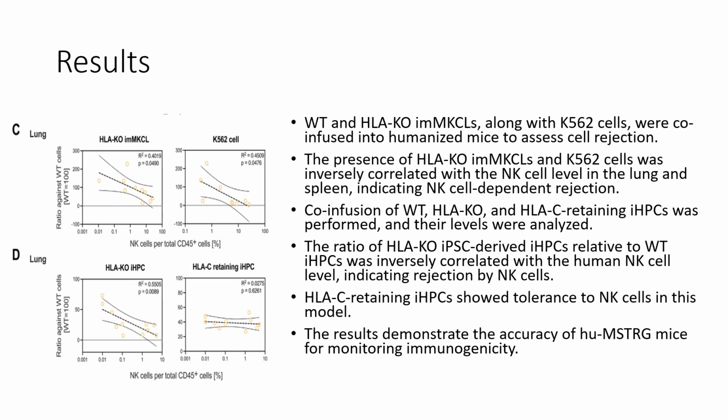The presence of HLA-KO imMKCLs and K562 cells was inversely correlated with the NK cell level in the lung and the spleen, indicating NK cell dependent rejection. Co-infusion of WT, HLA-KO, and HLA-C retaining iHPC was performed and their levels were analyzed.